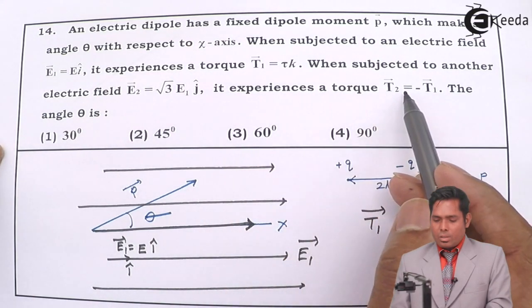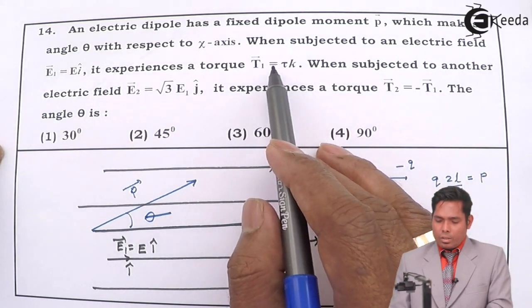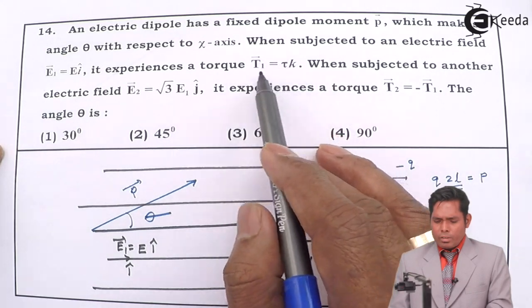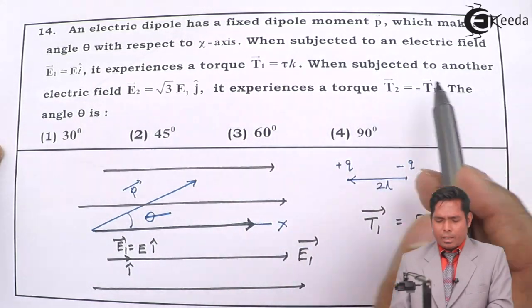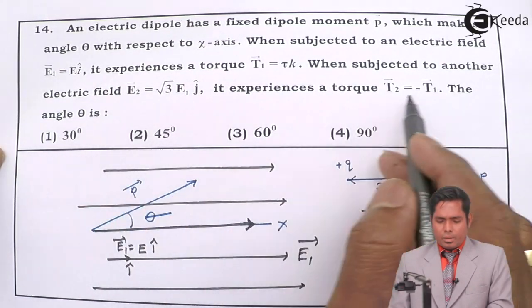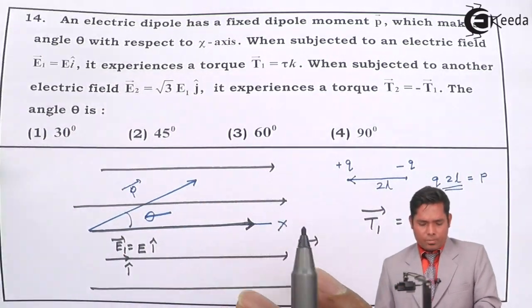It experiences a torque of minus that value. The angle between them, and the angle theta, is how much?